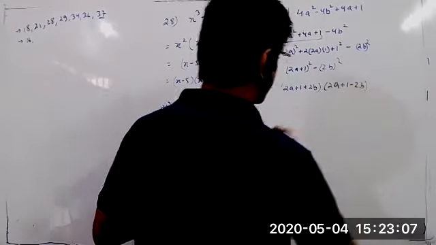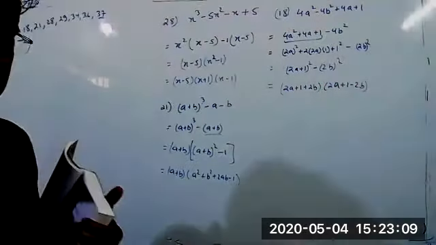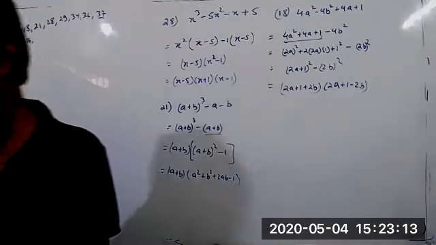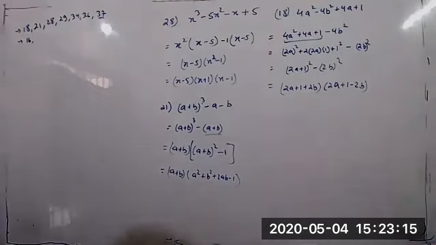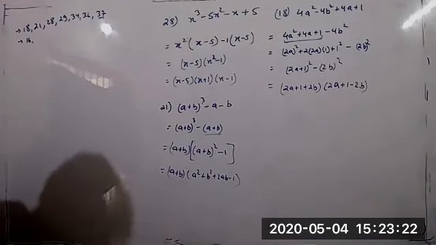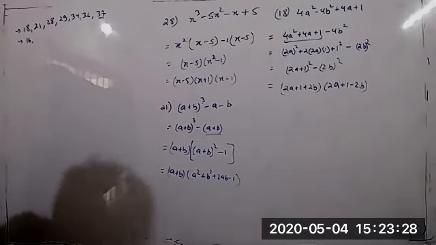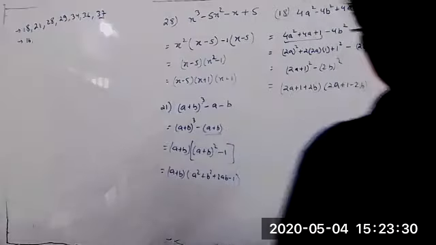Very good, Prithvi. Now explain to the whole class how you got this idea of rearrangement. What made you feel this can be arranged? Sir, I thought that 4a square and 4a, if we rearrange it, we can. But why this combination?